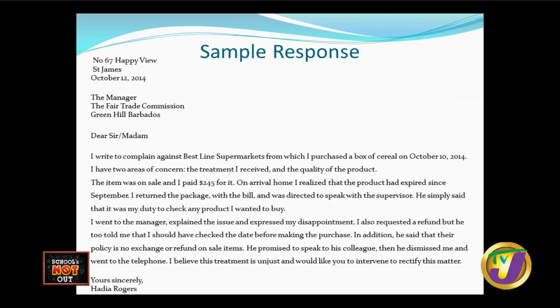I returned the package with the bill and was directed to speak with the supervisor. He simply said that it was my duty to check any product I wanted to buy. I went to the manager, explained the issue, and expressed my disappointment. I also requested a refund, but he too told me that I should have checked the date before making the purchase. In addition, he said that their policy is no exchange or refund on sale items.